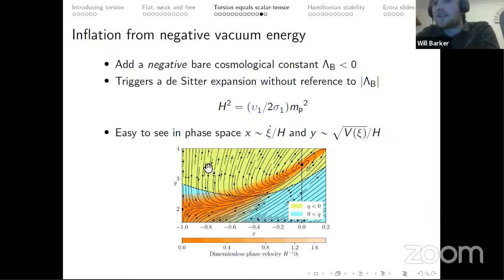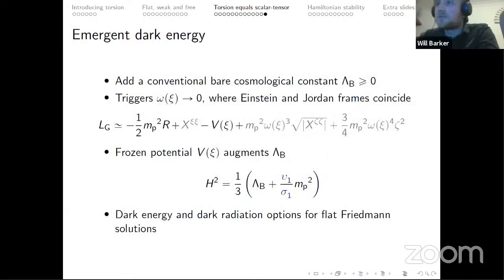So in the dynamical systems picture of the background evolution, this yellow region describes an accelerating expansion. The blue region is decelerating, and we've added a negative cosmological constant by hand. And you can see there's an attractor state in the accelerated region, which is very bizarre. If you want to pick something a little bit more conventional, you can add either no cosmological constant at all, or you can add a positive cosmological constant.